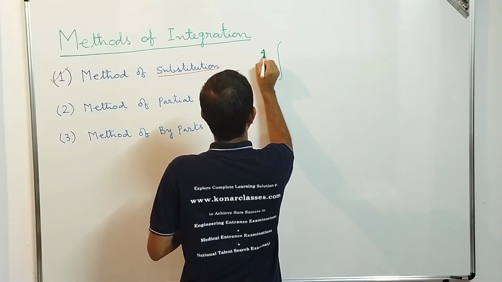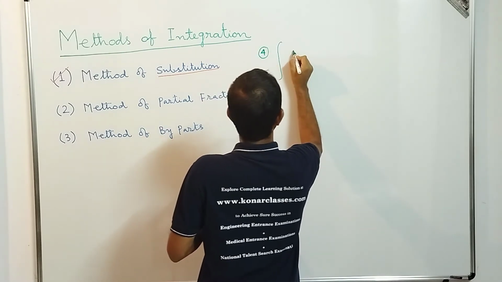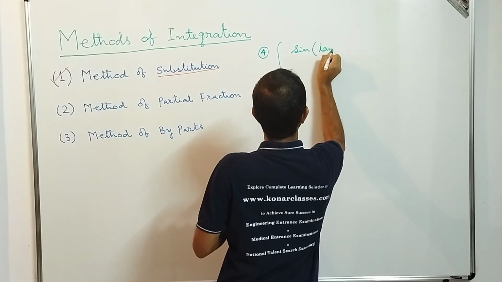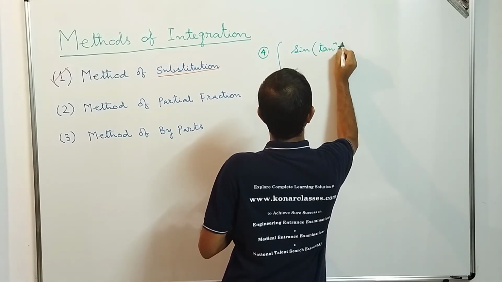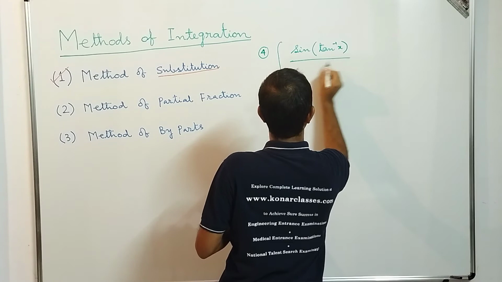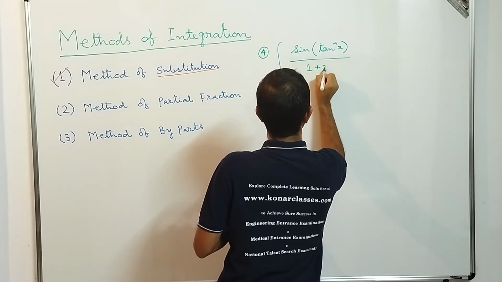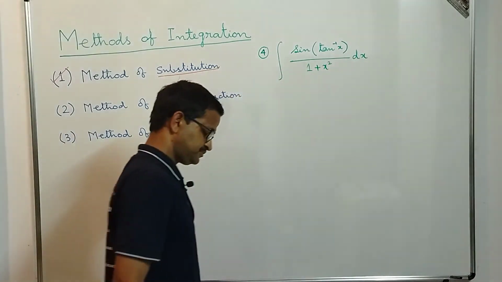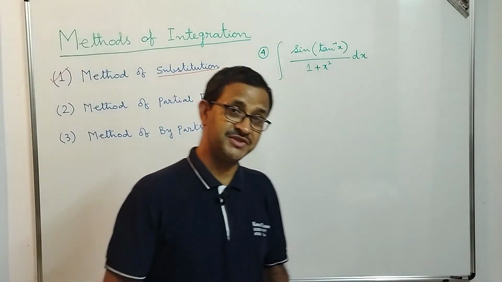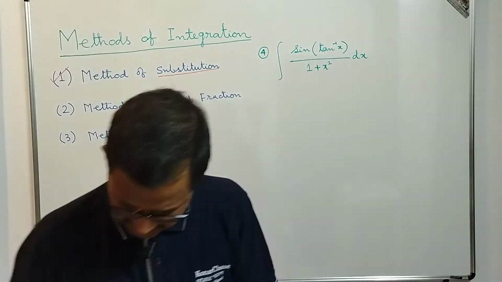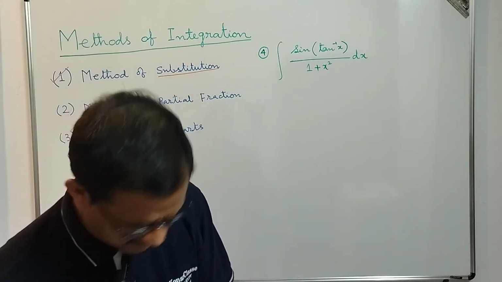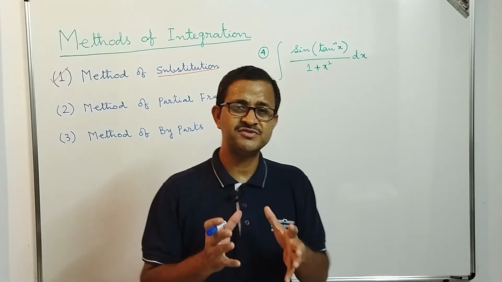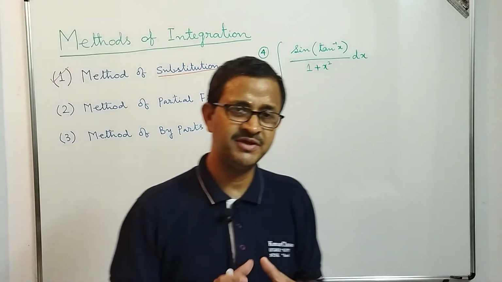So question number 4 is the integration of sine of tan inverse x divided by 1 plus x square dx. So how to do this one? The point is, dear students, maybe many of you already started thinking that a good knowledge of differential calculus is also going to help you here.